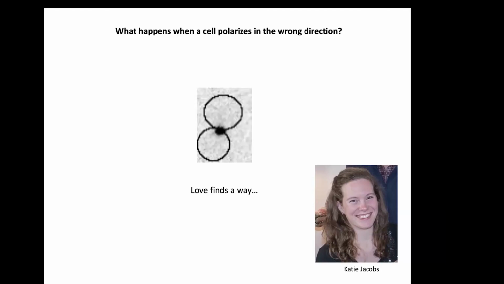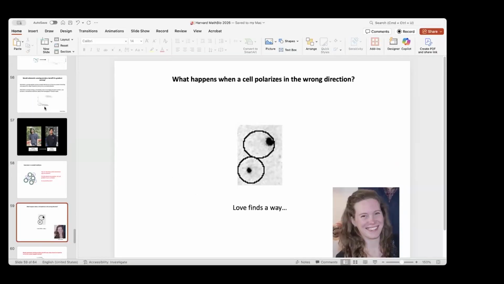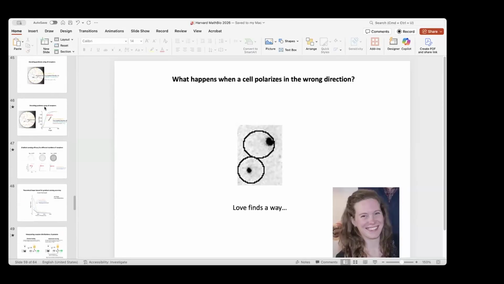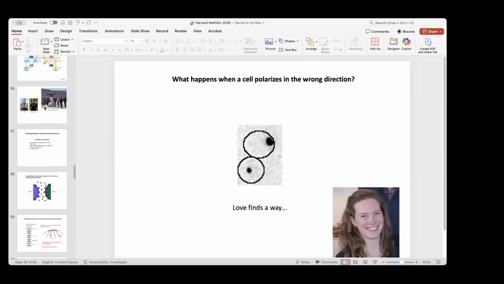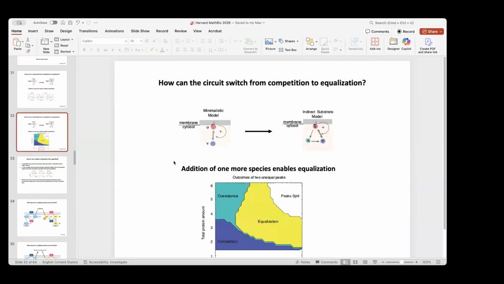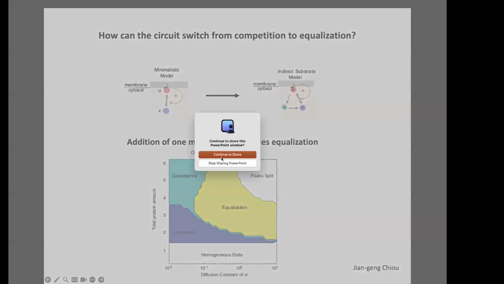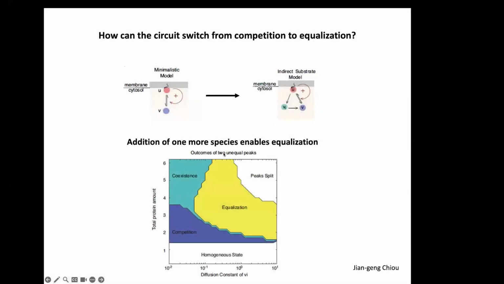So in parameter space, what is critical is the value of the off rate to VI with respect to what? Well, the parameter space that I plotted is actually just the diffusion constant of the indirect substrate. This is the total amount of U plus V plus VI on the y-axis, and the diffusion constant of VI.